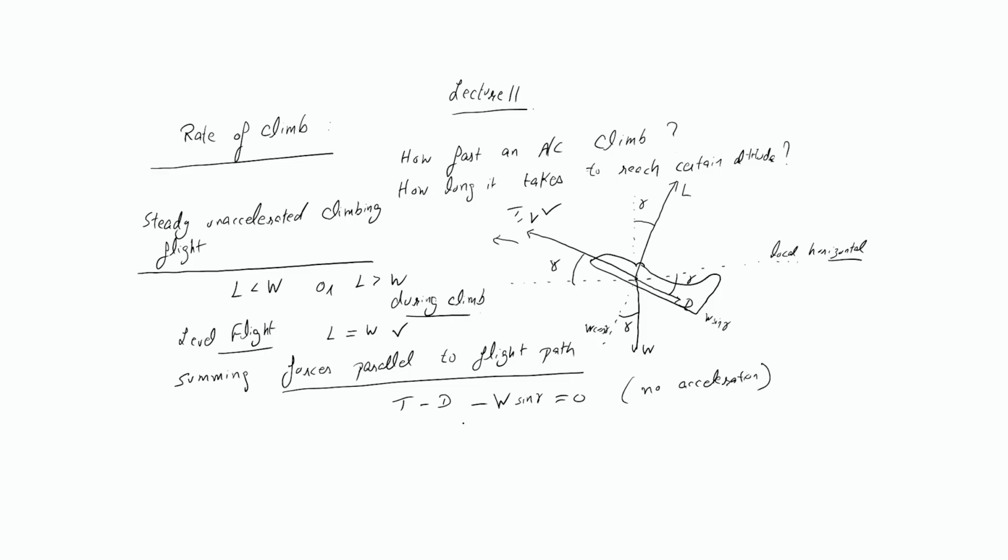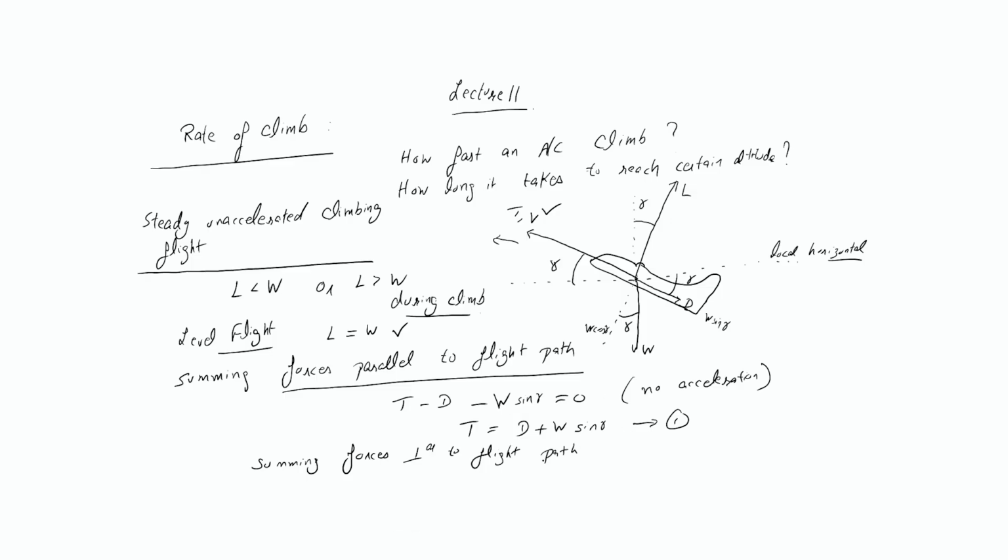Now you can write this as T equals D plus W sin gamma. Let us take this as equation number 1. Now write summing forces perpendicular to the flight path.